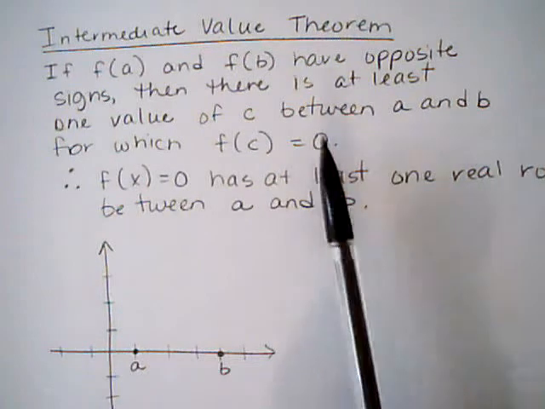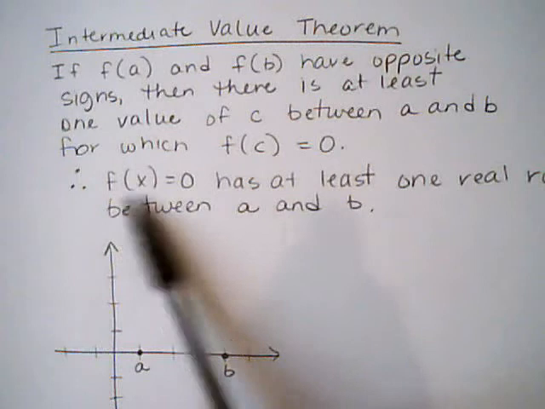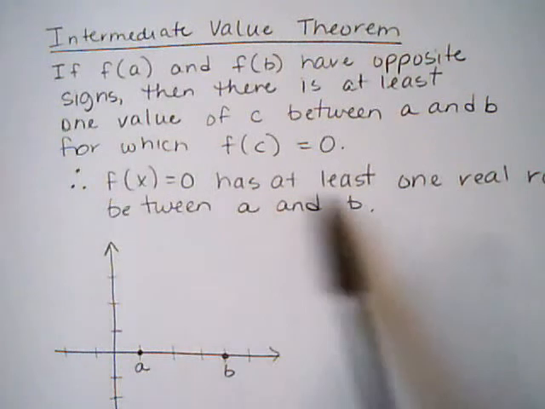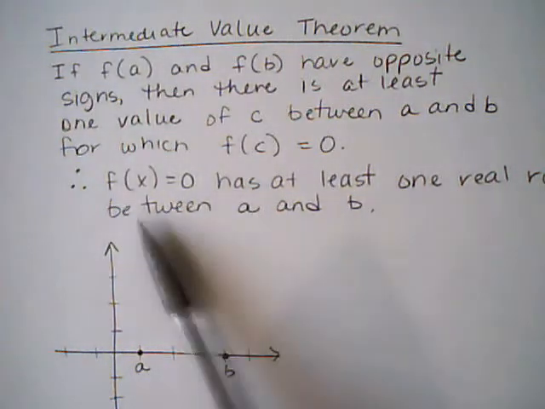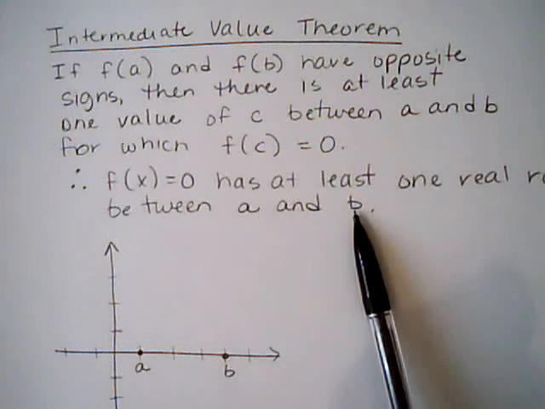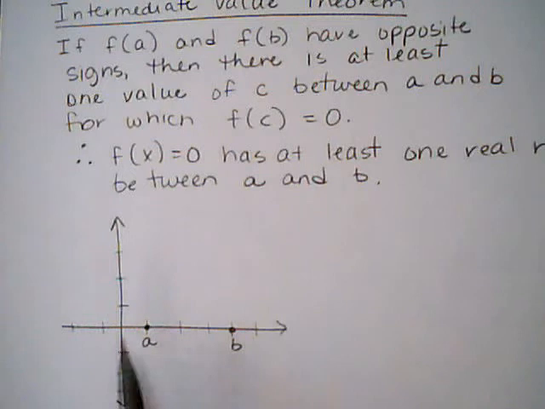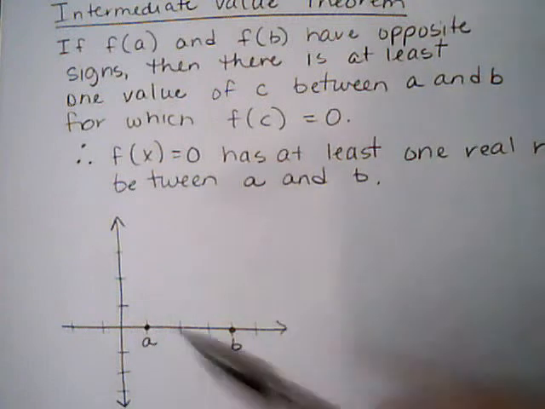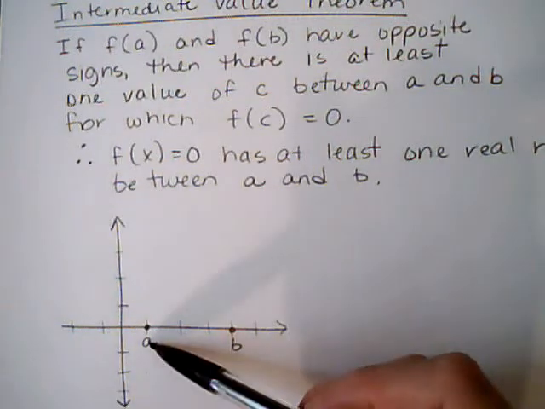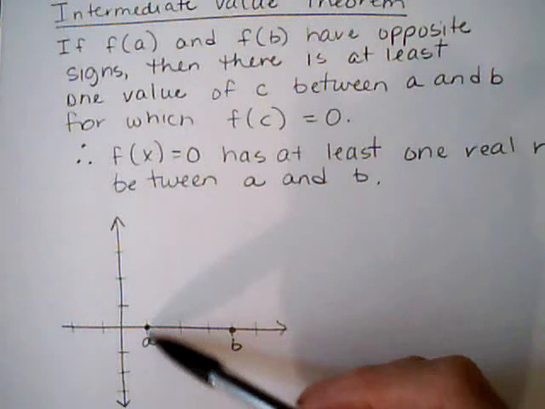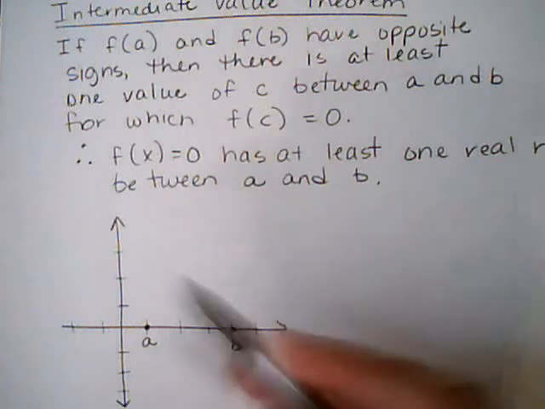It says, therefore, the function f of x equals 0 has at least one real root between a and b. Okay, let me show you what all that means on the graph. They're just saying, let's say we take two values for x. We'll call one of them a, one of them b. If I plug that value into the function, if I evaluate f at a, I'm going to get some y value.